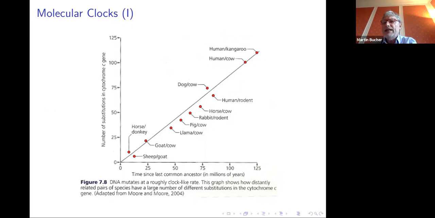So this was an idea of Linus Pauling and Emil Zuckerkandl in the 1950s, that there's a constant rate of mutations among different organisms over time.